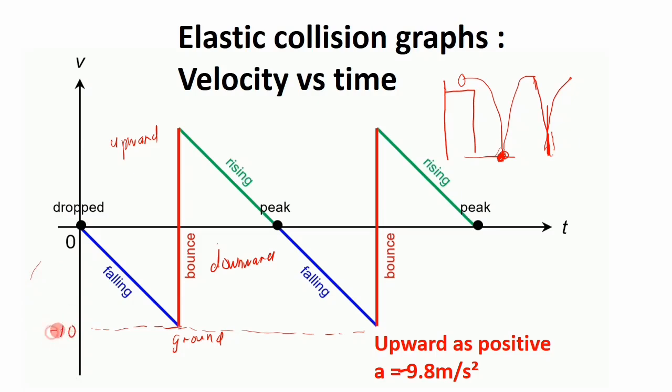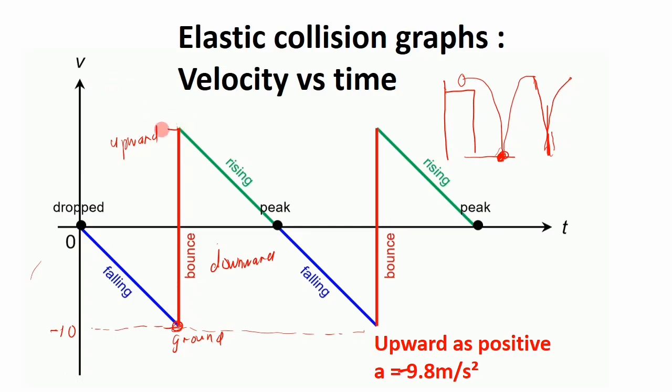We know it's negative, because we took upward as positive, so negative 10 is going downward. Then when it strikes the ground, it changes direction. It's now going upward, hence our graph starts going upward there.